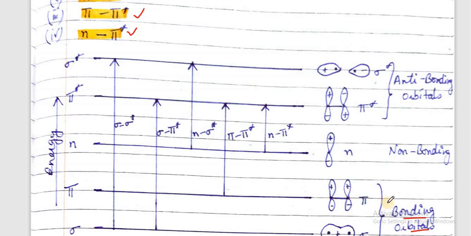This is a non-bonding orbital, and this is an anti-bonding pi orbital, where opposite signs face each other and the orbitals repel each other. So the types of transitions possible are generally 4.